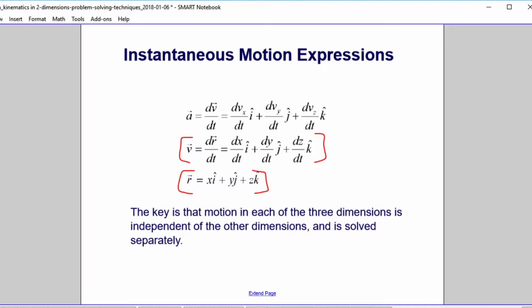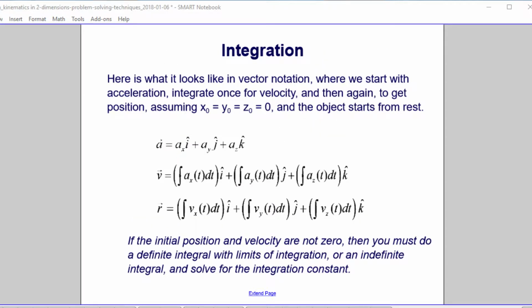Then we'll go up one more level to find the acceleration similarly. And what do you notice there? There's a key. Motion in each of the 3 dimensions is independent of the other dimensions and is solved for separately.